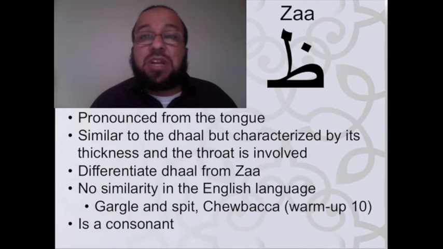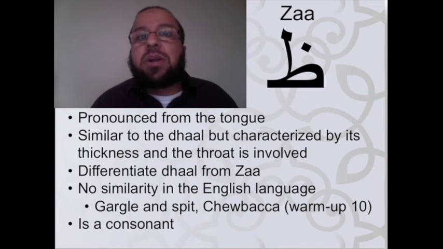So the differentiation again between the dal and the wa, you will start to see my lips moving, right? Big smile, dal, pout, wa, dal, wa, dal, wa. This is the letter wa.